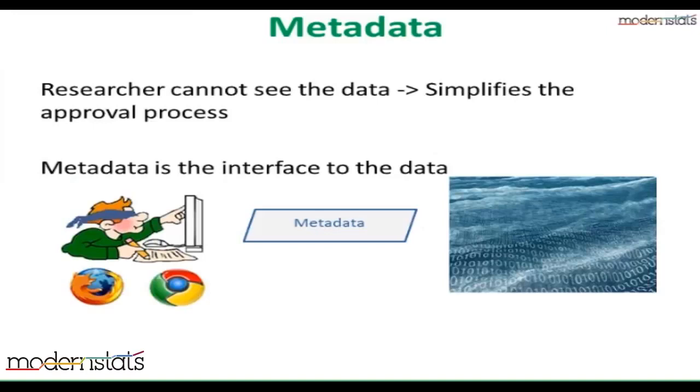So the researcher cannot see the data. They have a blindfold over their eyes. They don't see the data. But this is the key to simplifying the approval process.